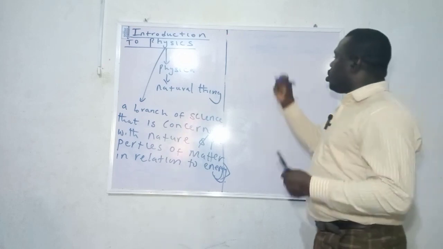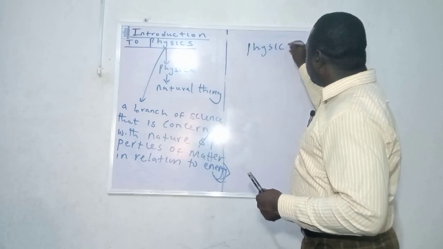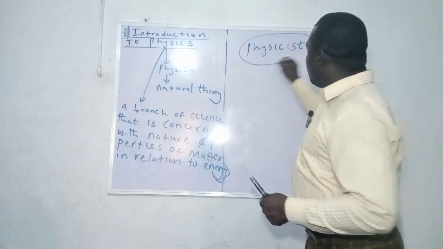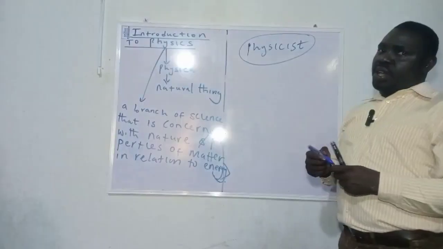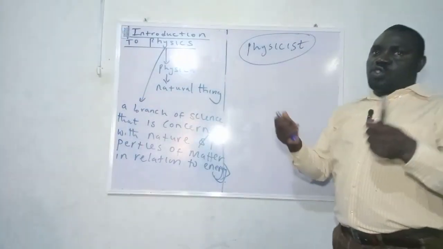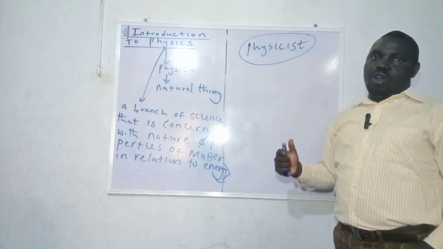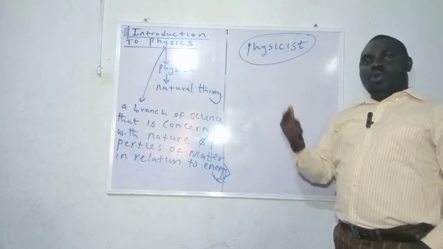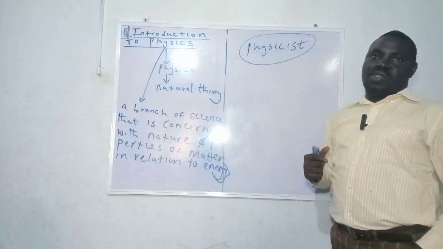And the person who studies physics is referred to as a physicist. So when you study physics, this is who you are called. This is very important. If you study physics in the university, where are you likely to work? You are likely to work in aviation. There are prospects for you there in the aviation sector.